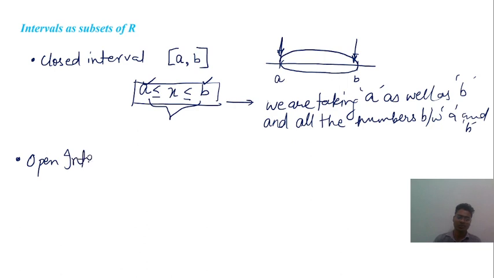Now the open interval. Open interval uses parentheses, while these are square brackets.